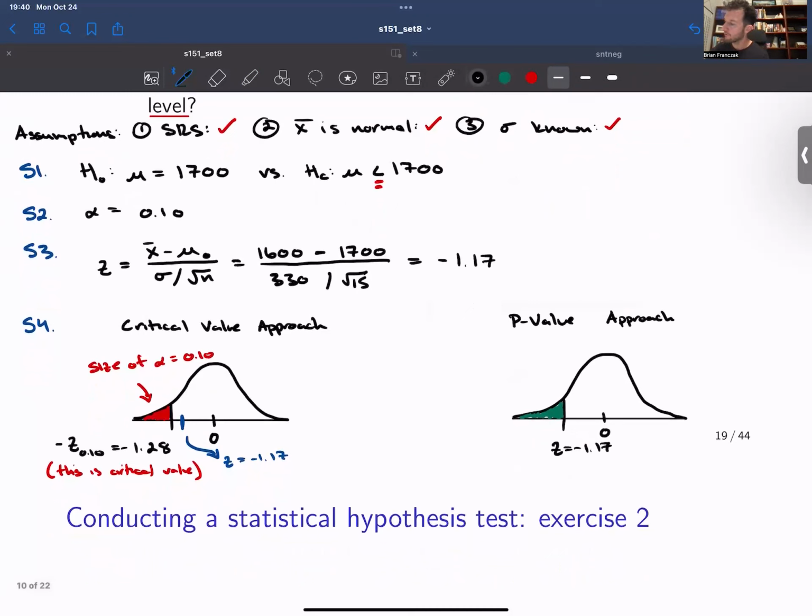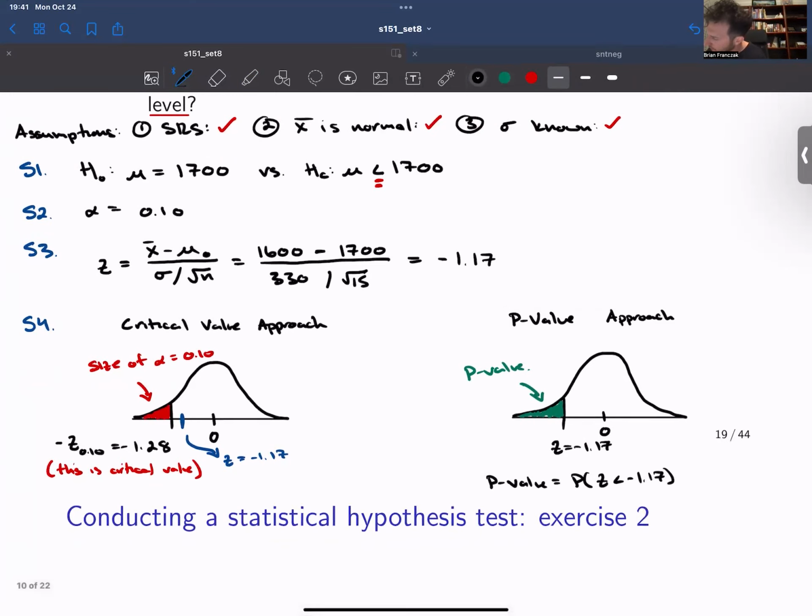So the p-value for this test is the probability that Z is less than negative 1.17. This green shaded part here is the p-value. Now I'm just phrasing it in terms of my Z score, or the test statistic.